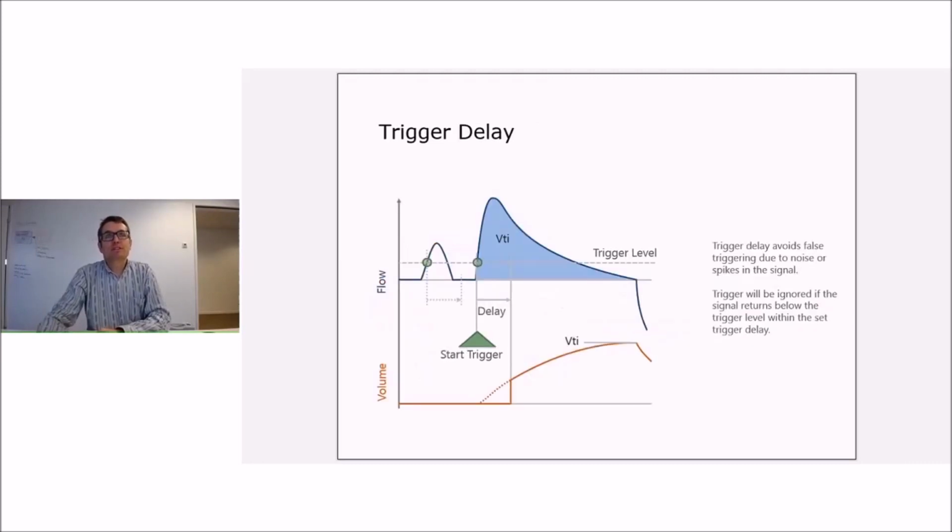Also, there is a thing which is called trigger delay. Trigger delay is to avoid false triggering when you have little spikes and peaks. This will be the trigger level here. The trigger level is achieved, the trigger starts, but the signal drops down again even before anything happened.